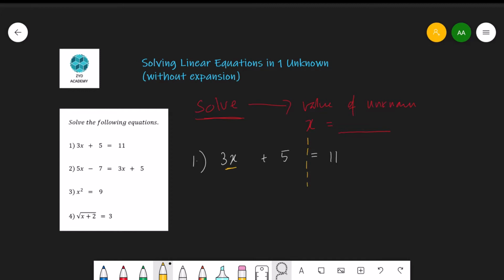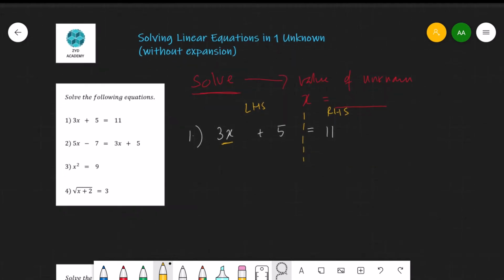Our equal sign will separate the equation into two parts: this is the left hand side and this one is the right hand side. What we need to do next is to isolate all your unknowns to one side, and whatever does not contain your unknown, we bring it to the other side of your equation.